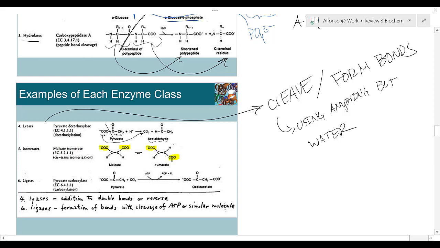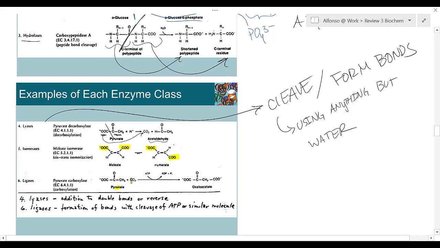So the chemical formula for isomerases is the same, but it's just the structure that's different. And then we also have ligases, which put together molecules. So look at this pyruvate and this CO2 right here.